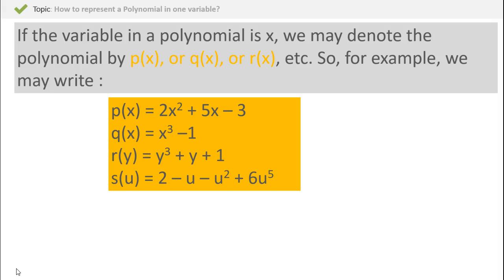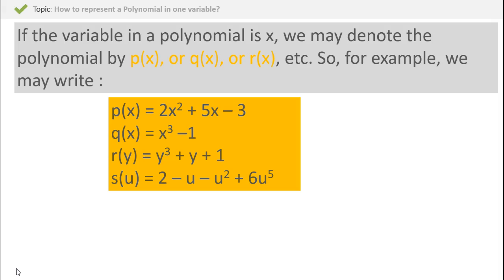We can represent q(x) as x cubed minus 1. We can represent r(y) as y cubed minus y plus 1. Remember, the variable, whether I'm defining x or y, depends upon the variable defined within the polynomial.